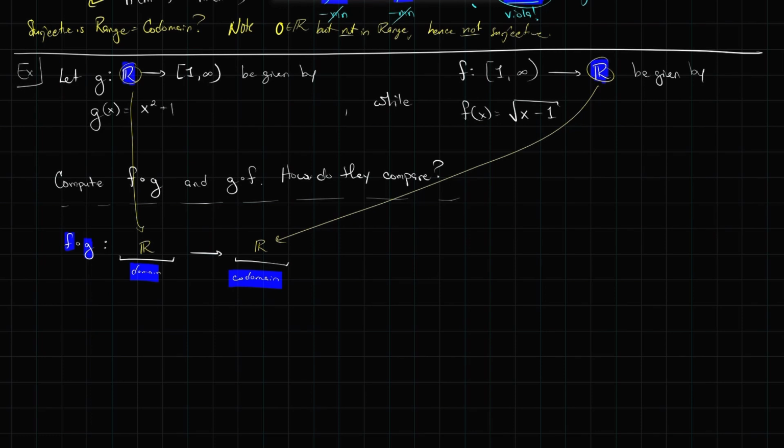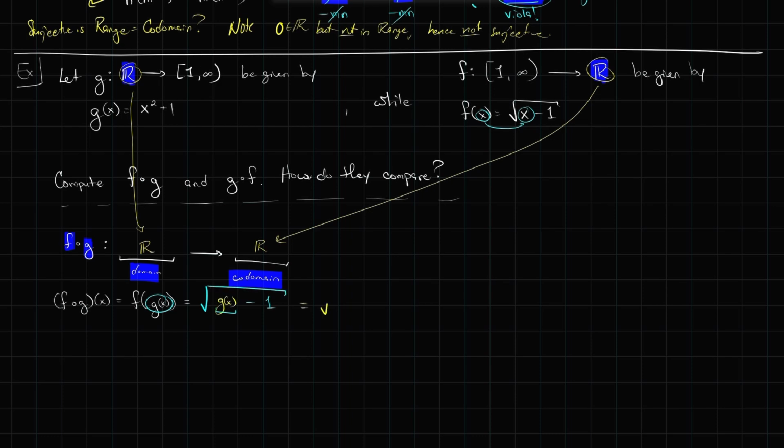Now let's go ahead and compute its rule. The rule is f composed with g of an argument x, and we compute it by saying this is f of g of x. So now this entire term, g of x, I'm going to place inside of f. Whatever was inside of f goes into the square root minus 1, so that thing inside of f is now g of x.